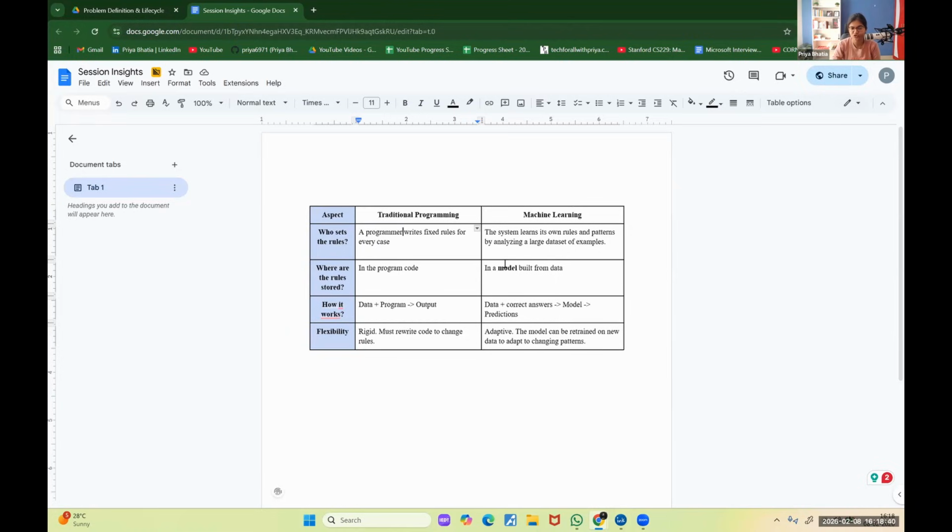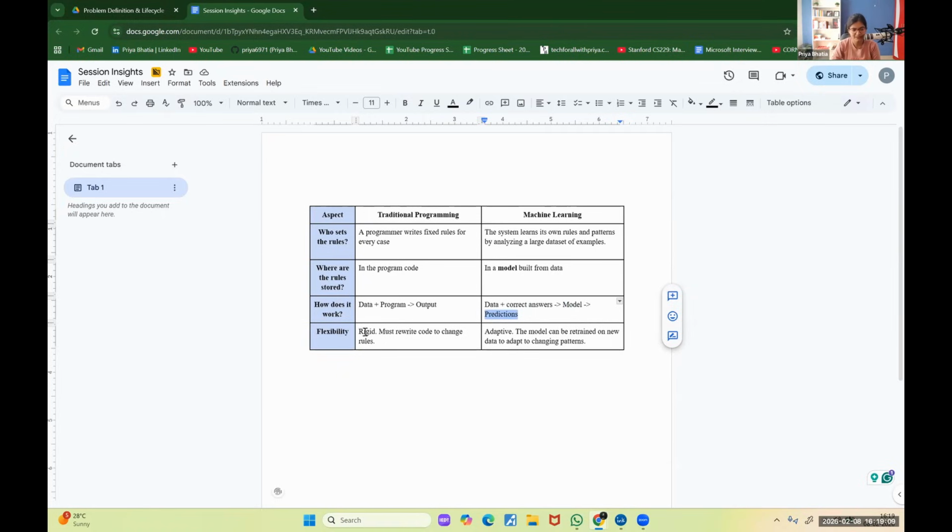In machine learning, it is stored in a model which is built from data, which captures the patterns from the given data. How it works: we have data and a program, combined together, it will give us an output. In machine learning, we have data and the correct answer. Based on that, it will form a model, and based on that model, we will get the predictions out of it.